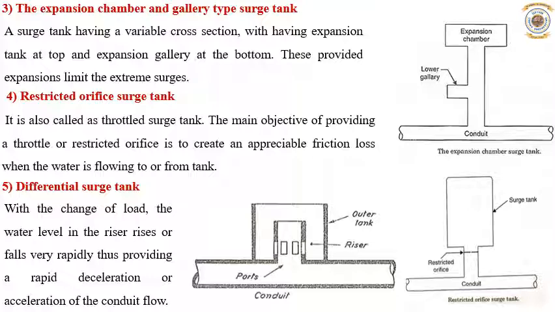Okay, the function of the surge tank depends upon the area of the hole. Okay, so with the change of load the water level in the riser rises or falls very rapidly, thus providing a rapid deceleration or acceleration for the conduit.